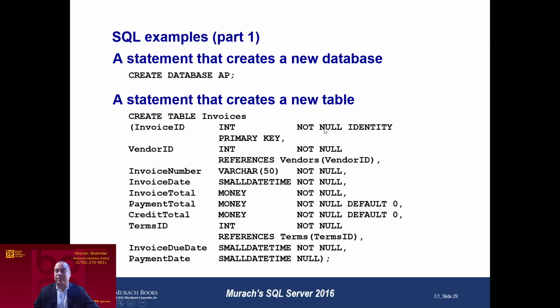That means it can never be a 0. Same thing with the vendor ID, not null. And that's one thing. One of the things with SQL is you should never use nulls. But it's there because there are some circumstances where you just have no other option but to use nulls. So this is how you create a table.